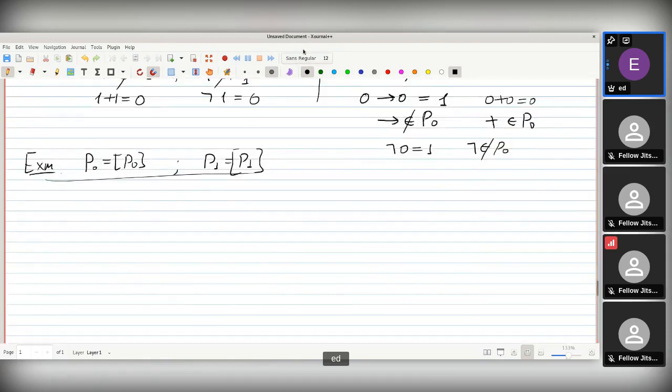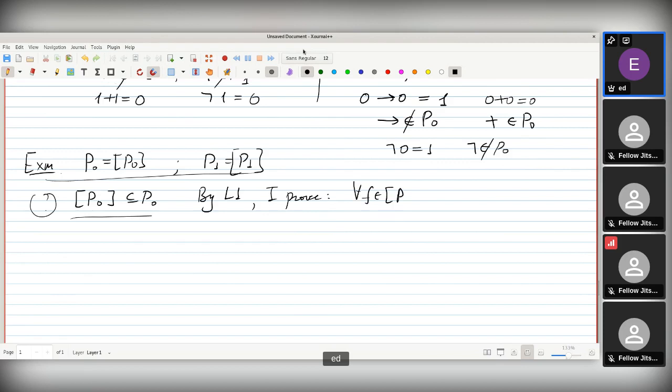So, as usual, I need to prove just one inclusion, just this one. And similarly here. Why is it true? By lemma 1, I prove that for every f from the closure, f satisfies P0. As usual, I need three things. First, every function from the basic set belongs to P0. This is trivial.